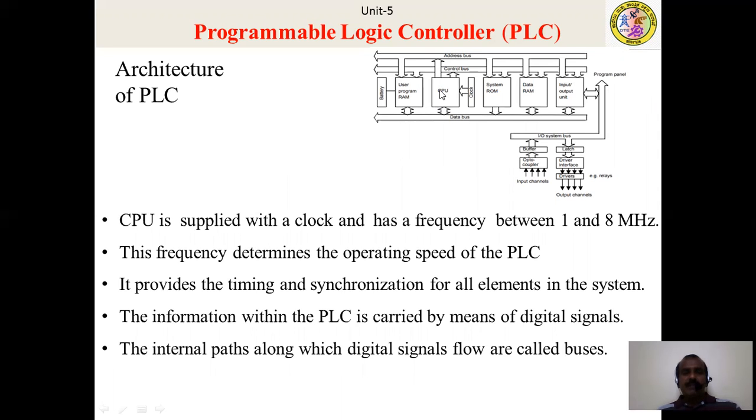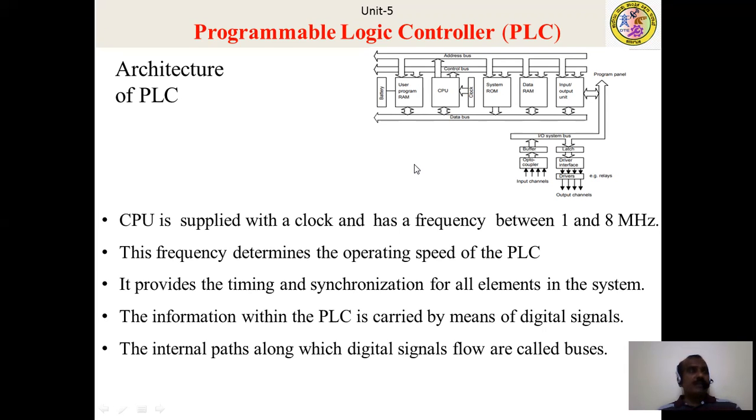The CPU is supplied with a clock, and it has a frequency between 1 and 8 megahertz. This frequency determines the operating speed of a programmable logic controller. So this provides the timing and synchronization for all elements in the system.